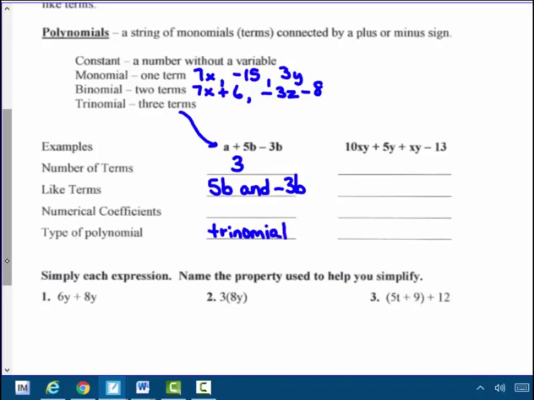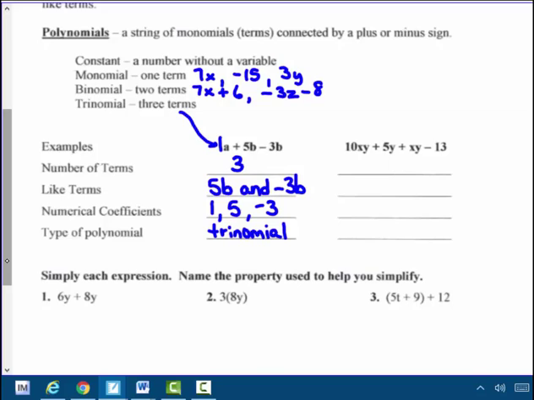This a has a 1 in front of it. Remember, if it's not there, it's really a 1. B has a 5 in front of it, and the last one has a negative 3 in front of it. So those are the numerical coefficients, the number coefficient out front.